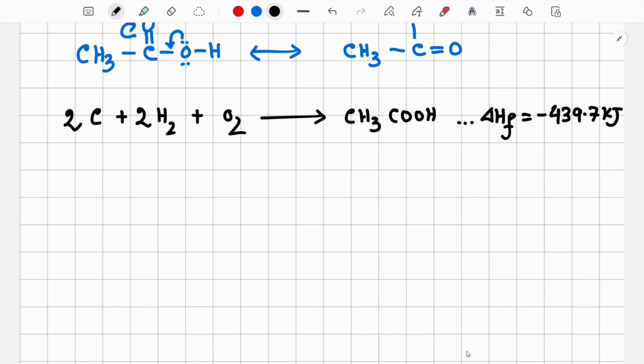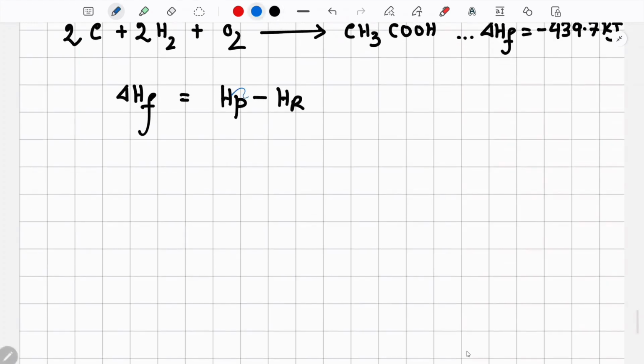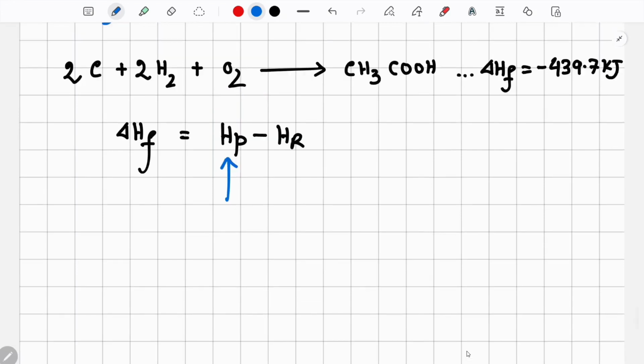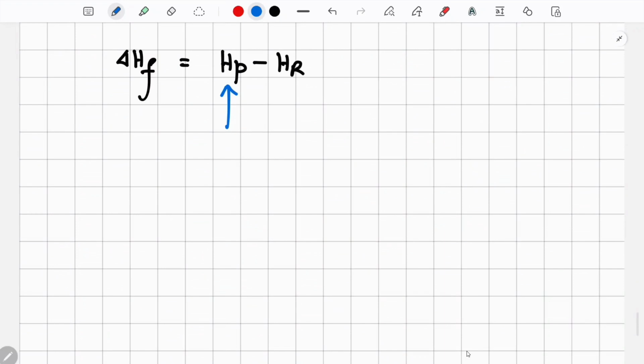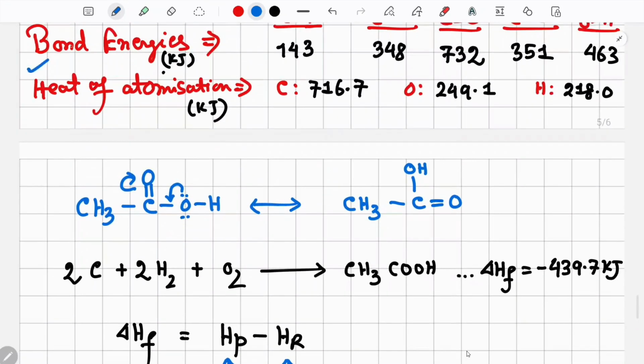Now, what will be this delta HF? This delta HF should be delta P minus delta R, correct? Delta P you can calculate from these bond energies, and delta R you can calculate from the heat of atomization.